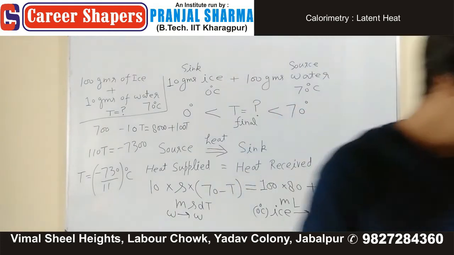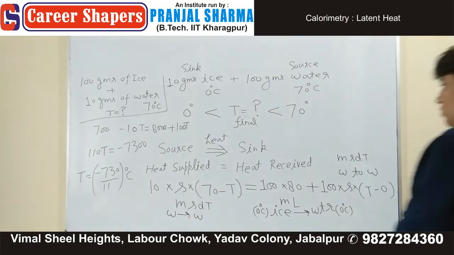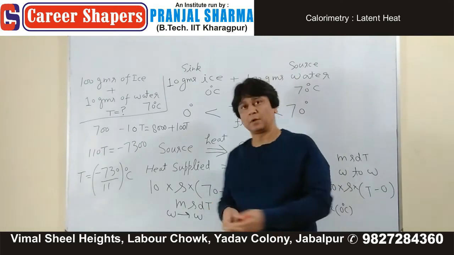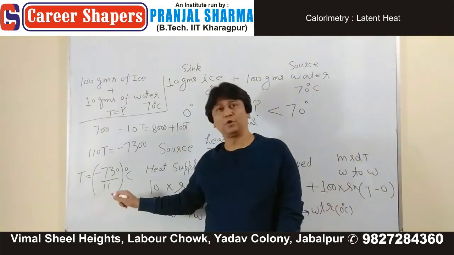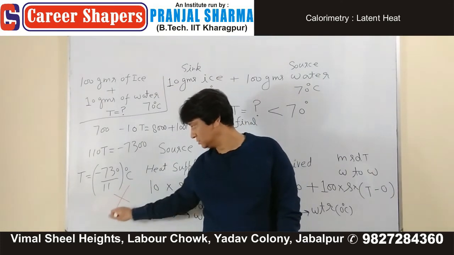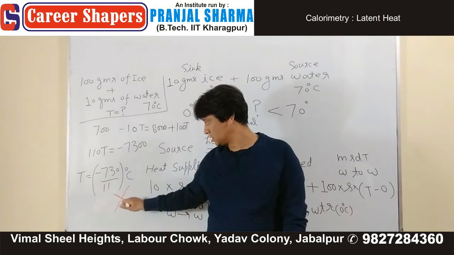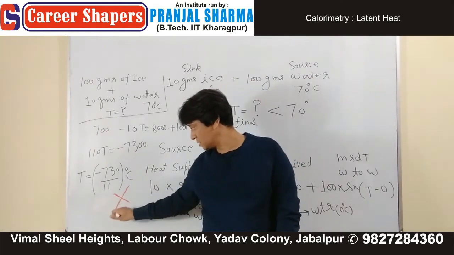T is minus 730 divided by 11. Many of you have got the answer. But how many of you are comfortable with this, that this answer is not correct?